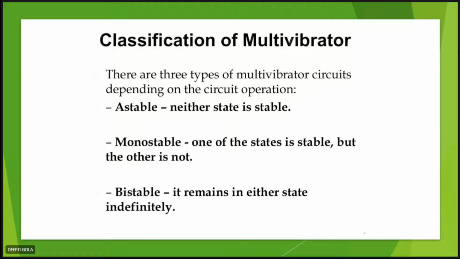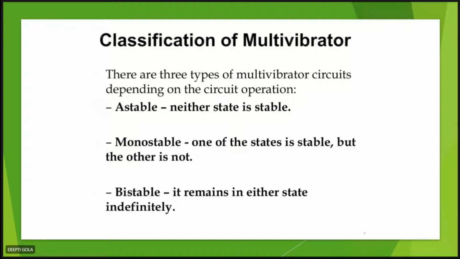When some external trigger is given, only then will the multivibrator move from the stable state to the unstable state. And the unstable state is already unstable, so it will not stay in that state for a long time. It will automatically come back to the stable state after some time.